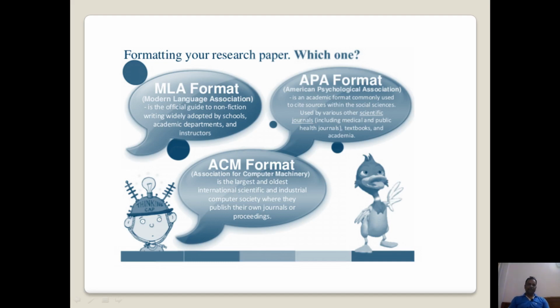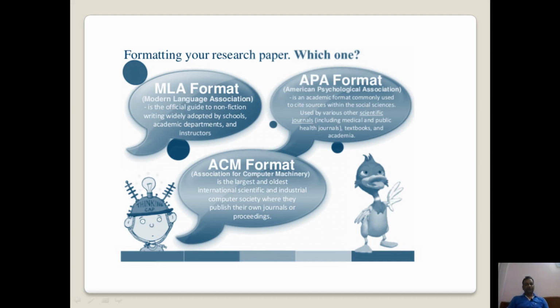The second one is APA format, American Psychological Association, an academic format commonly used to cite sources within the social sciences, and used by various other scientific journals also, including medical and public health journals, textbooks, and academia. Third format is ACM format.